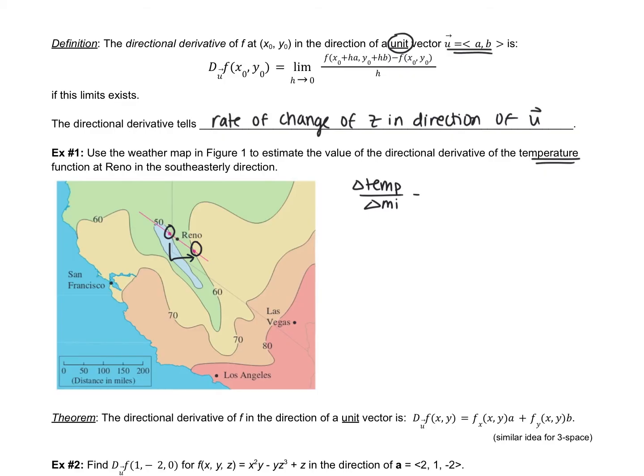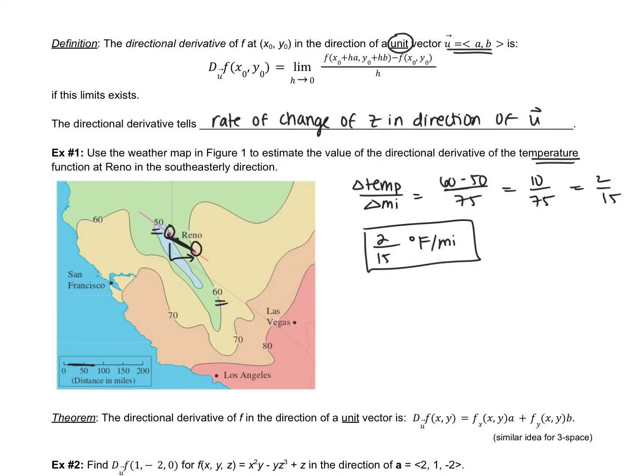Okay, so our temperature ends up at about 60. It starts at about 50. And then we have to estimate that distance. And using the scale here, it looks like that might be about 75 miles. So we get 10 over 75, or 2 over 15. So we're estimating that directional derivative to be about 2 over 15 degrees Fahrenheit per mile.